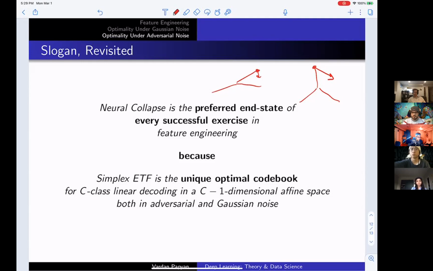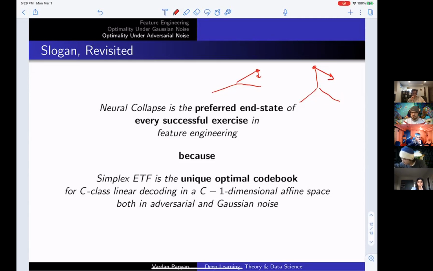And what I'm showing you here is one case in which simplex ETF is optimal. It is optimal in terms of adversarial robustness and in terms of resistance to Gaussian noise if you assume that your SGD training is able to steer the class means.